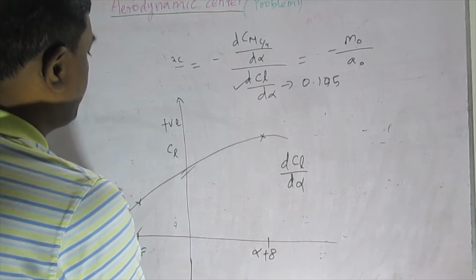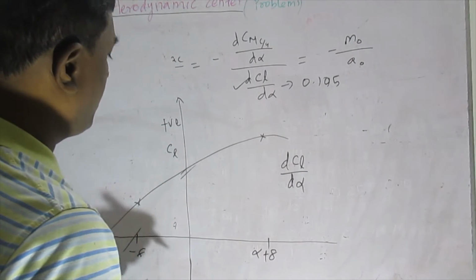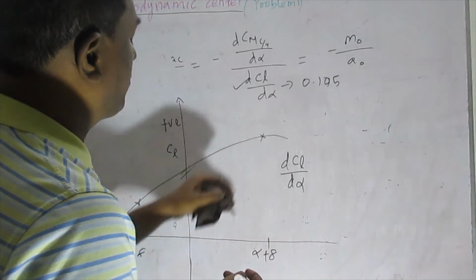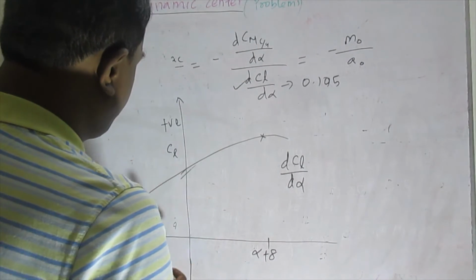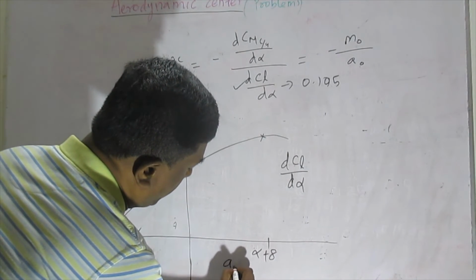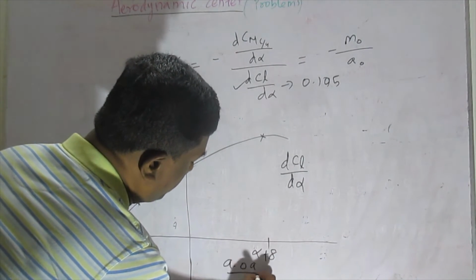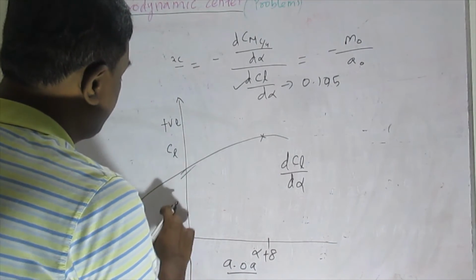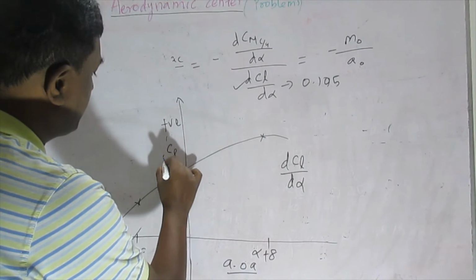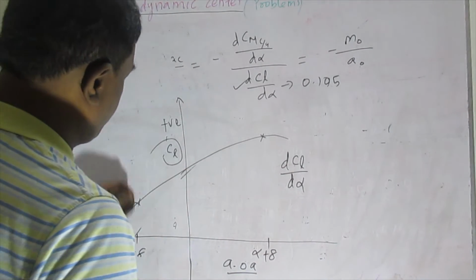Then similarly, the dCM at quarter chord point has also been given. Here the angle of attack is given, and on the vertical axis, the section lift coefficient is mentioned.